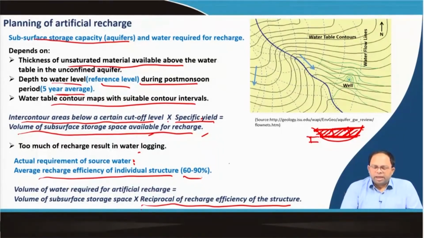So, that is 1 by maybe that 90%. So, that is the reciprocal of the recharge efficiency. In this way we can determine how much water; if it is in percent, 100 by 90. So, this is the factor which we need to multiply to get the actual volume of water that would be required.